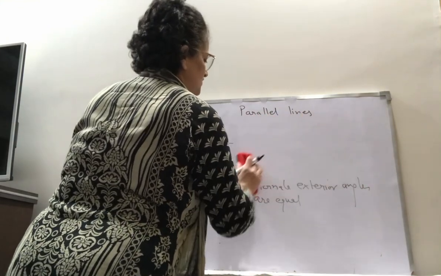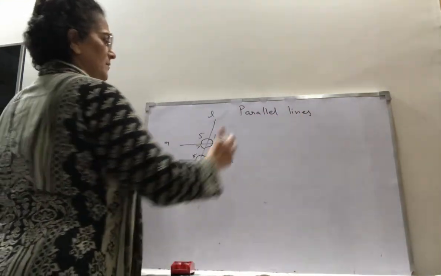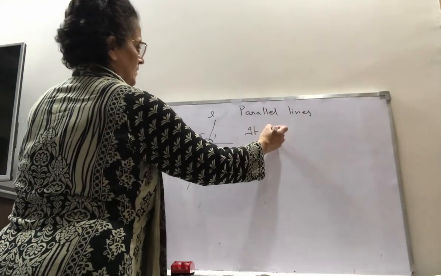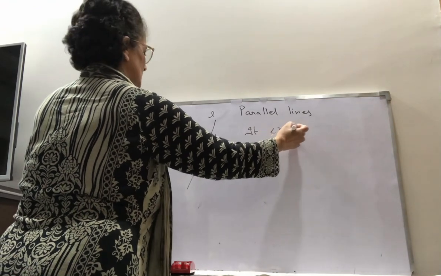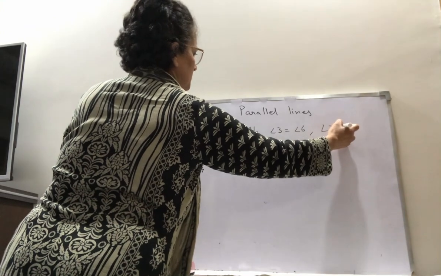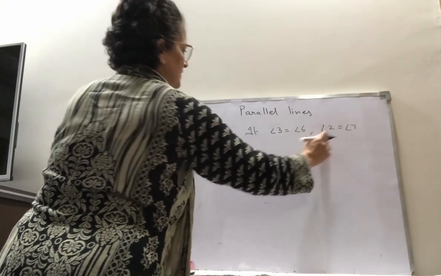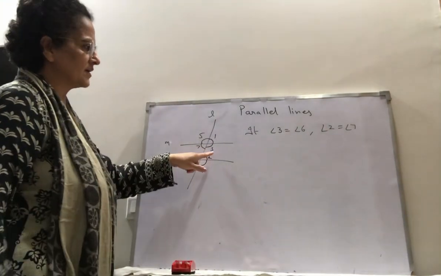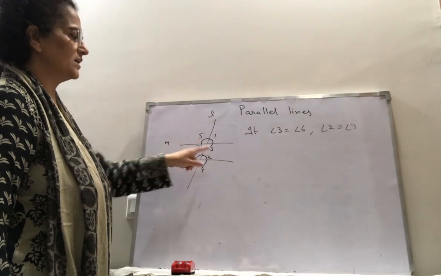Condition has changed. Now it is given that angle 3 is equal to angle 6 and angle 2 is equal to angle 7. Right? What type of angles are these? Alternate interior angles.